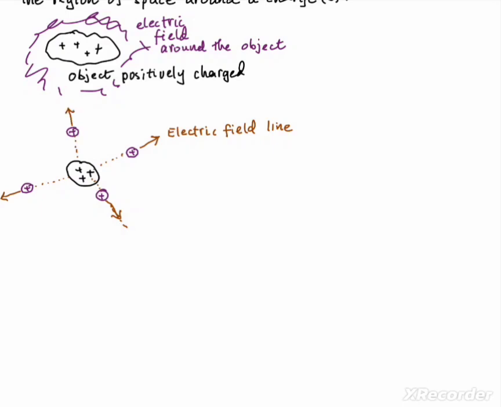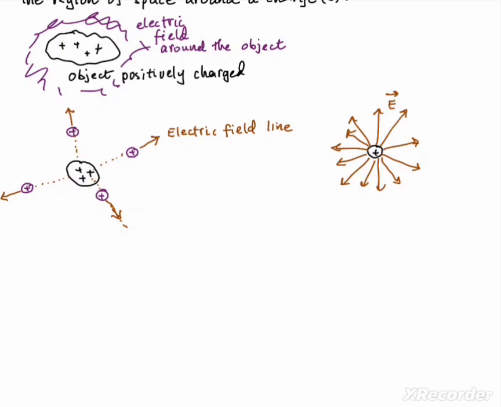If you have a positively charged particle, all the electric field lines are moving away from it. So what we can draw is that if we have a positive charge, our electric field lines are radially outward. This is how we visualize our electric field. You can draw as many as you want, and we say this is our electric field around this object.